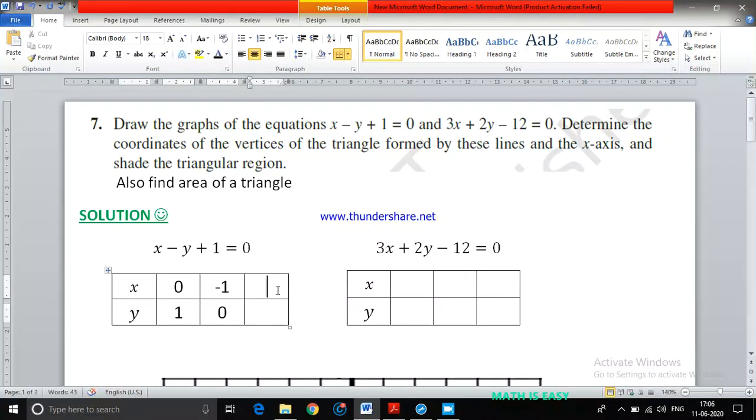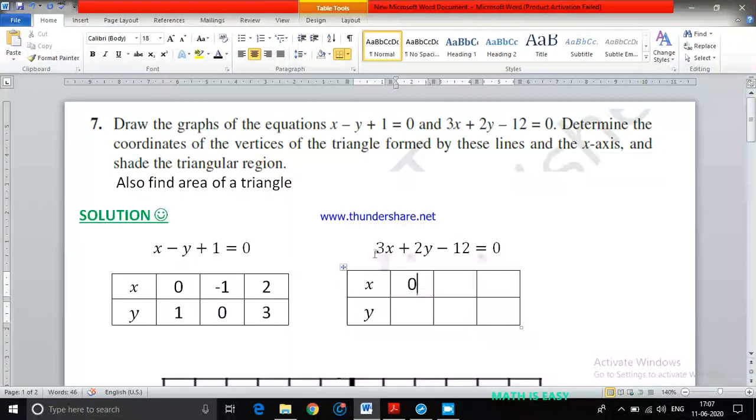If x value is 2, then 2 plus 1 is 3, 3 will go to that side as minus 3, minus y equals minus 3, so y will be 3. Here I am using the direct method to find the values. Otherwise, you can substitute the value, the way we solved the last class question.